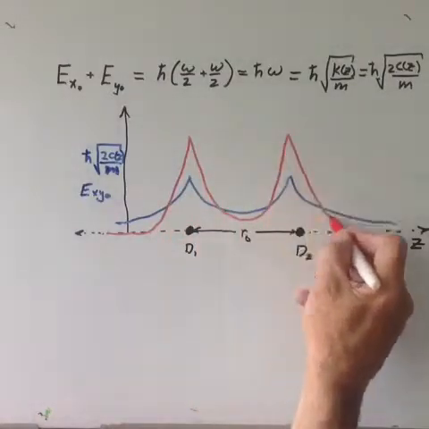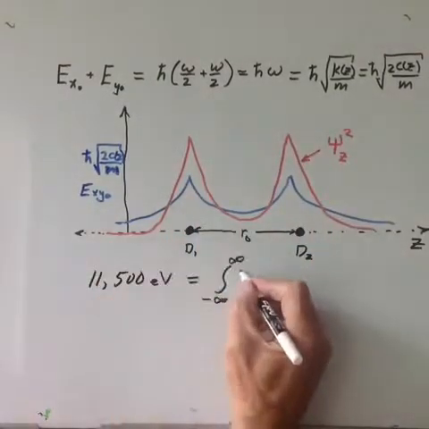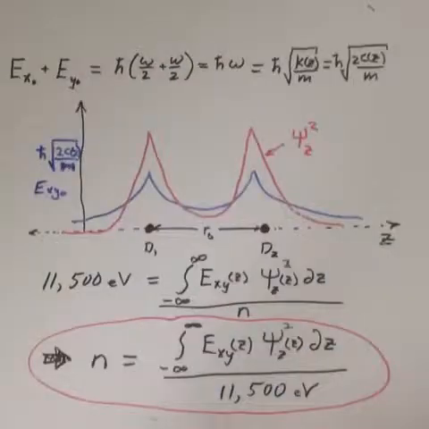Previously, we found the z-axis electron wave function, and squaring gives the probability along the z-axis, which looks something like this. Multiplying the xy energy times the probability and integrating over all z will give the unadjusted xy energy. Dividing this energy by 11,500 electron volts will give the value of n as a function of the deuteron separation.